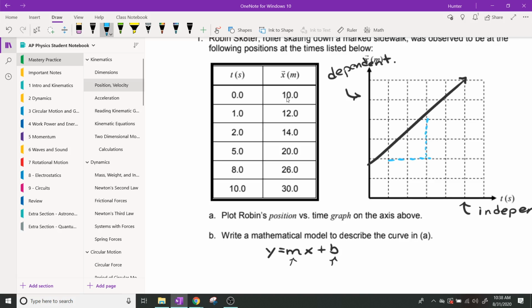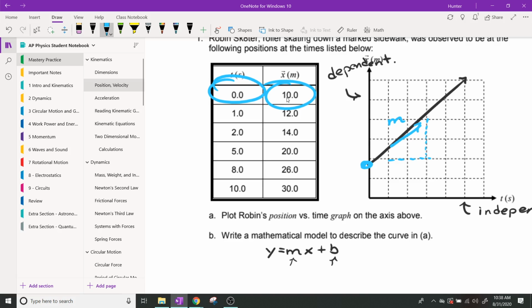Pick 2 points that work out really nice and find that rise over run to get your slope. That would be m. And b is going to be wherever it meets right here. If it starts at 0, 0, which it definitely looks like that is not the case, then your y-intercept is going to be down at the bottom. But it looks like we do have a y-intercept here.